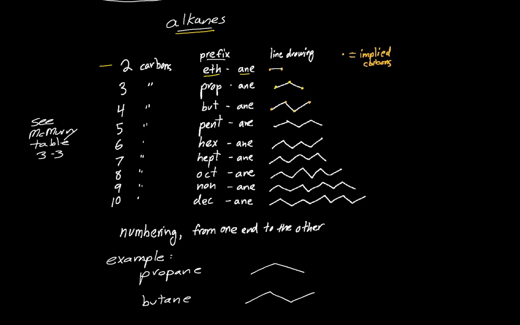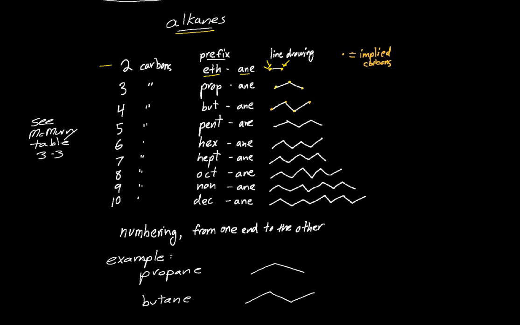So a two-carbon compound is called ethane. Here's a line drawing of it. Really, ethane is just a single line where implied carbons are on each end, as you see right there and there. As we keep going, we just add one more carbon to the chain.